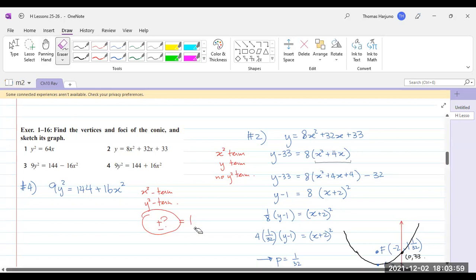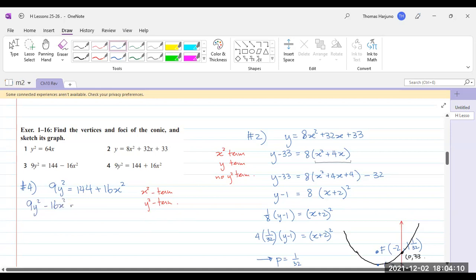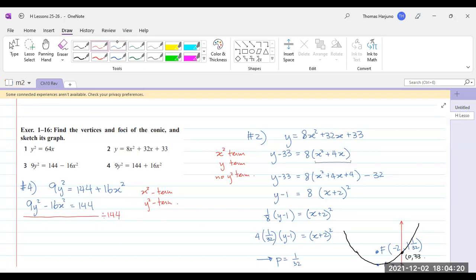Okay, so let's see. I will move the 16x squared to the left-hand side. And that 144 should become 1, right? So I will divide by 144 here. If I divide by 144, I get y squared over 16 minus x squared over 9.